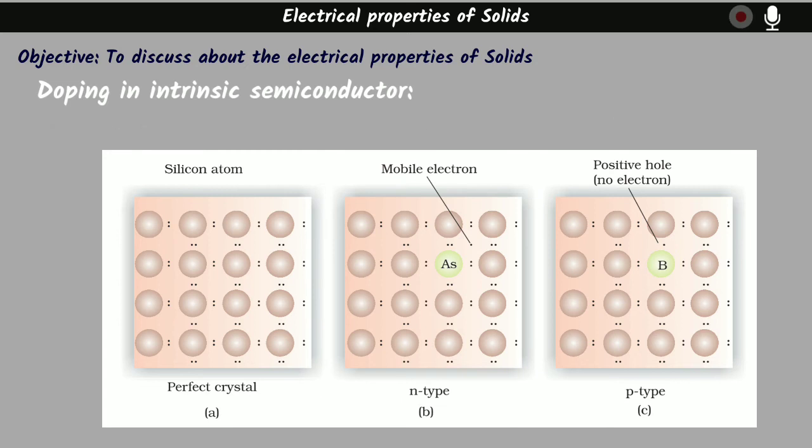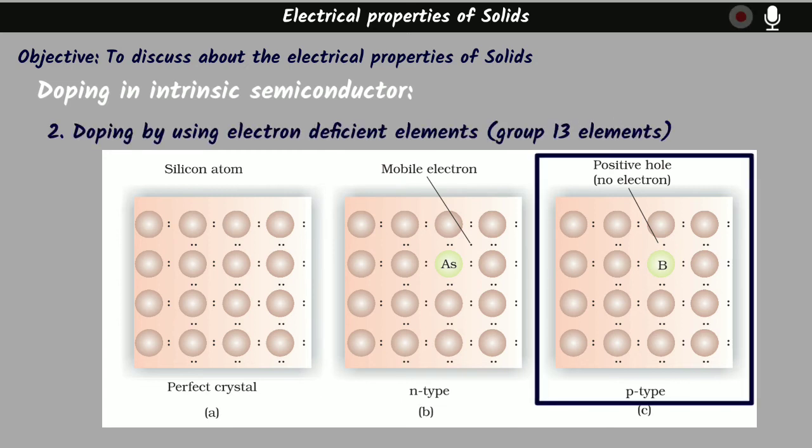Similarly, we can use some group 13 elements to dope this intrinsic silicon semiconductor, like boron or aluminum. But here we just use boron to dope this intrinsic silicon semiconductor. In the case of boron, we already know that boron has a total of 3 electrons in its outermost orbital.